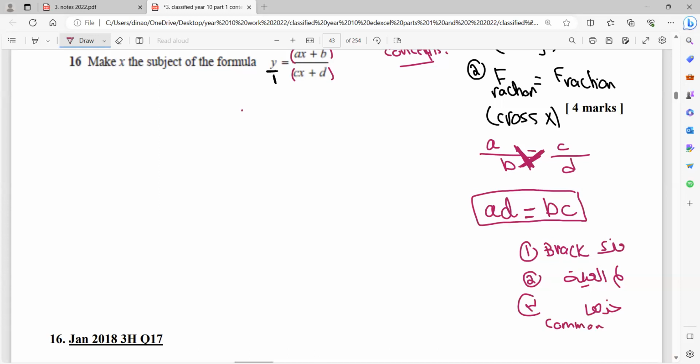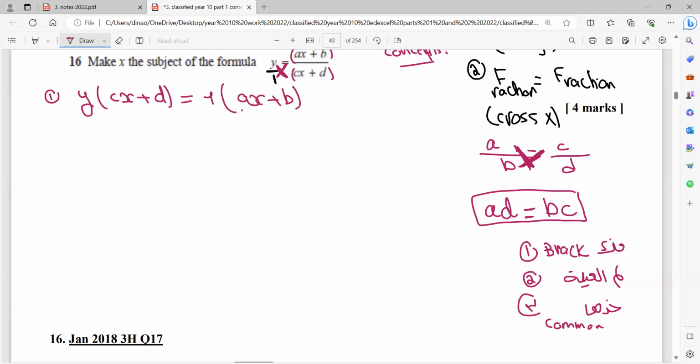So as we said here, what we did initially is that I put the brackets. Now I'm going to cross multiply. Please remember, when you cross multiply, these two multiply together. So this is step number 1. Y, open bracket, cx plus d equals, these two multiply together, 1 times ax plus b.